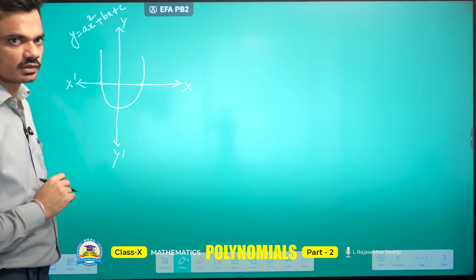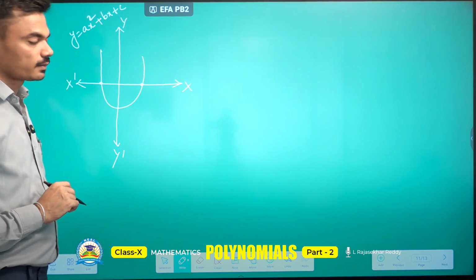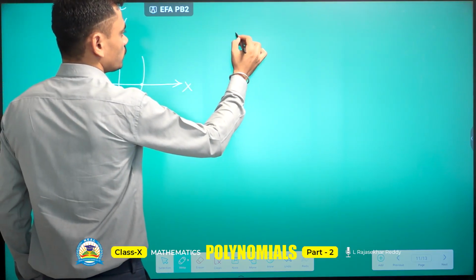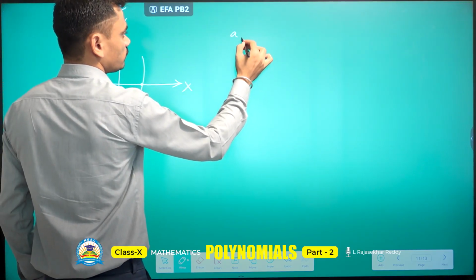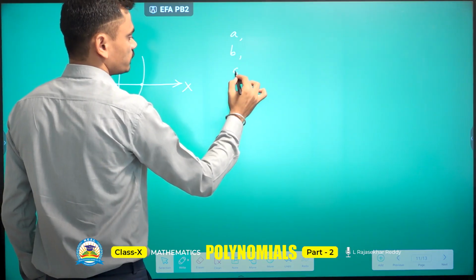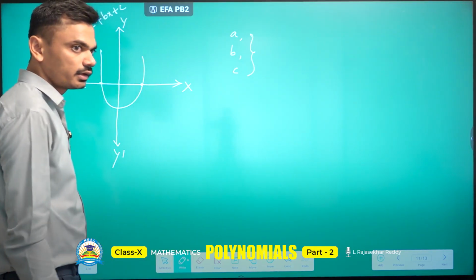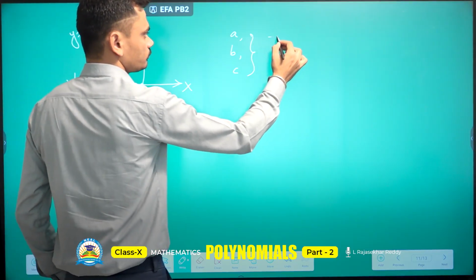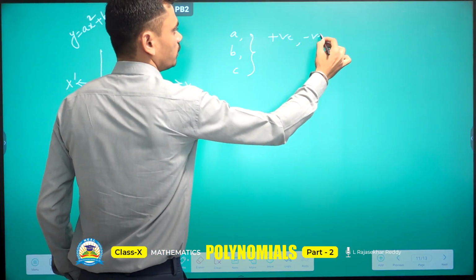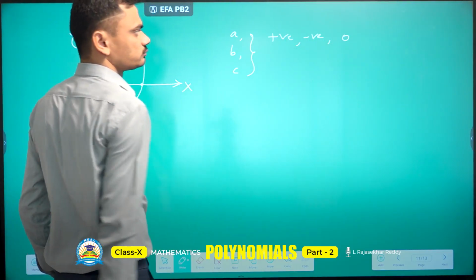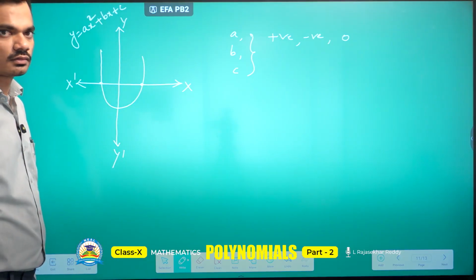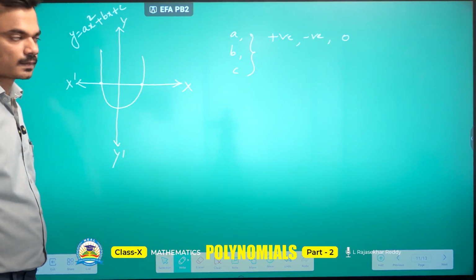So 2 zeros will be there. Now the question is, what about A, what about B and what about C? Means whether positive or negative or equal to 0. Whether positive or negative or 0. How can we check? Through the graph.